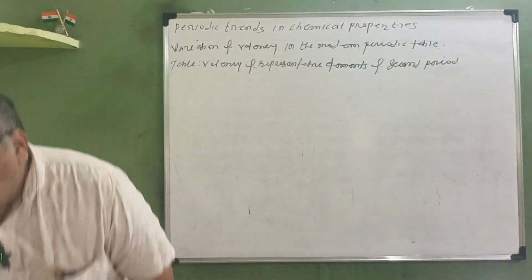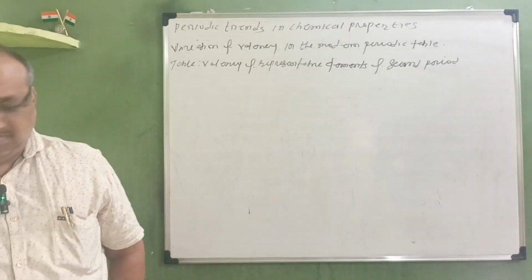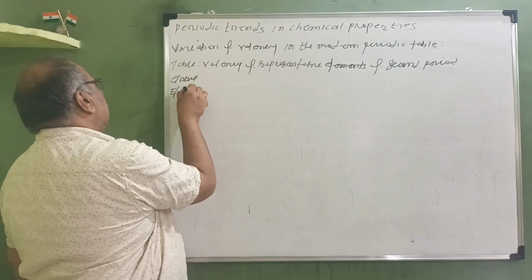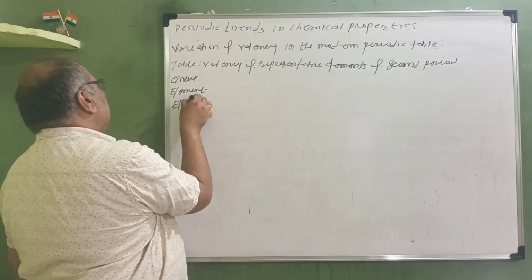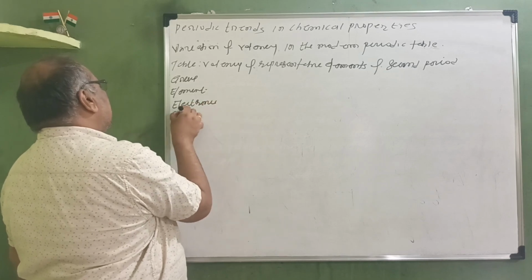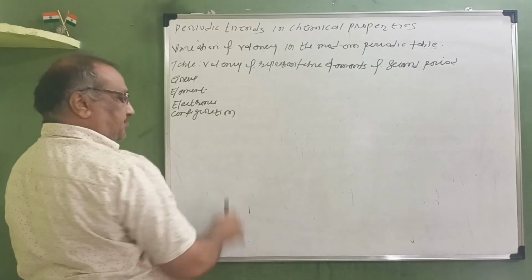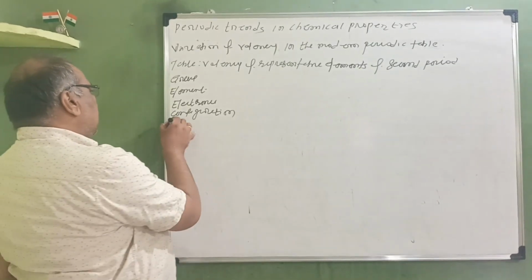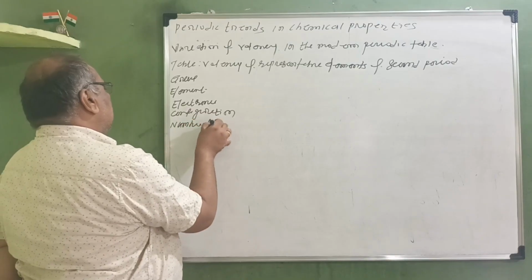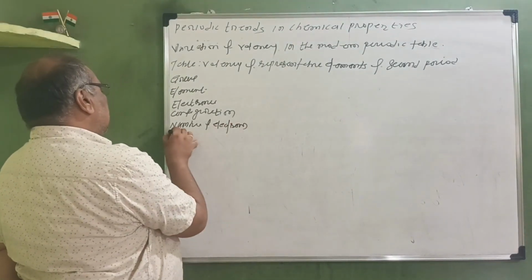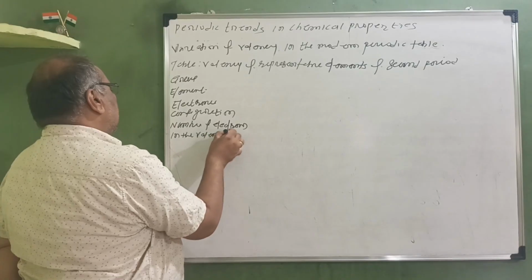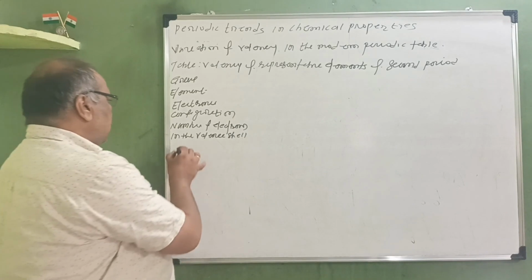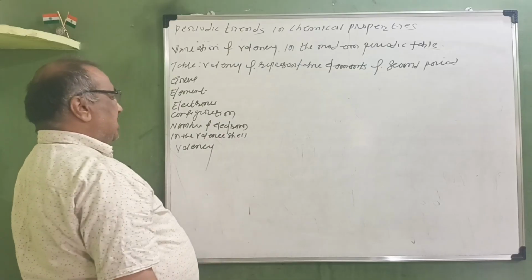That means here write down group, element, electronic configuration, then number of electrons in the valence shell, and here write down valency.